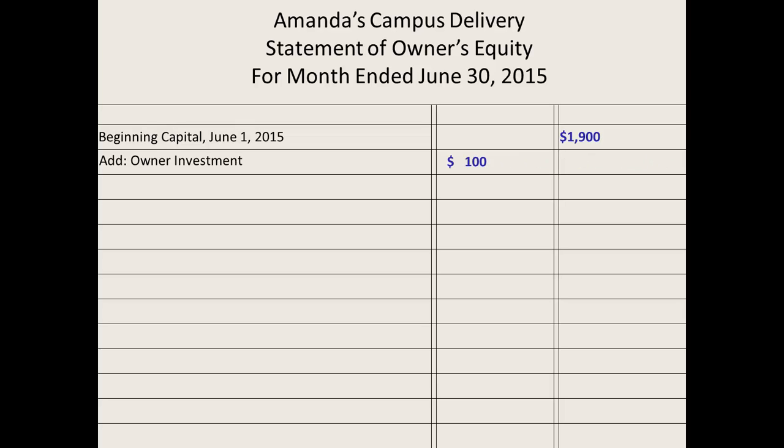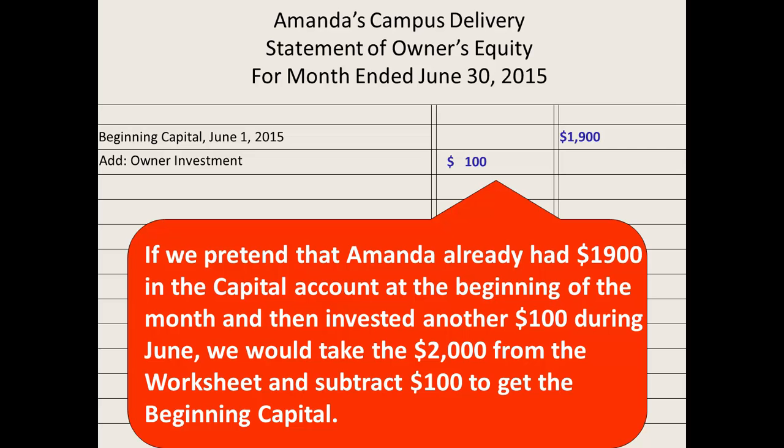What we're going to do is take that $2,000 from the worksheet and subtract the $100 that we're saying she invested during the period, and that means that there must have been $1,900 in the capital account to start with. Again, I would have to tell you the $100 since you don't have access to the general ledger. And so you would take the worksheet amount, subtract out the $100 that was invested this period, and that would give you the $1,900 that was there to begin with.